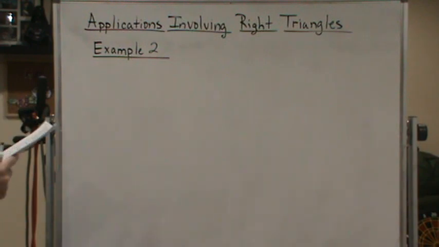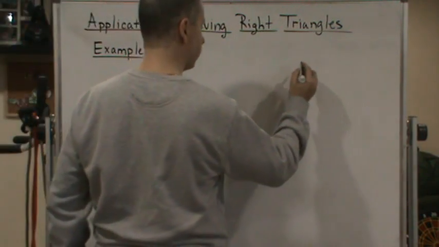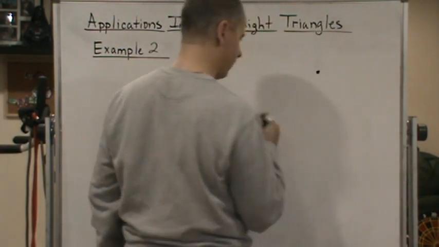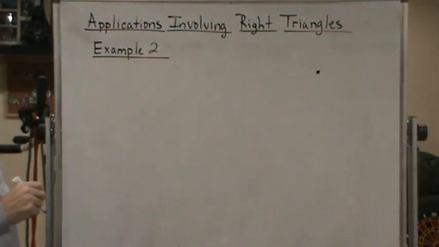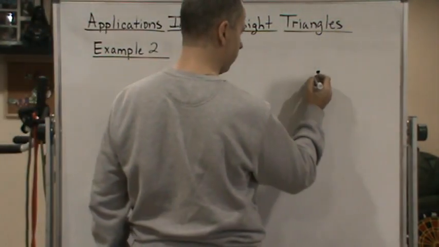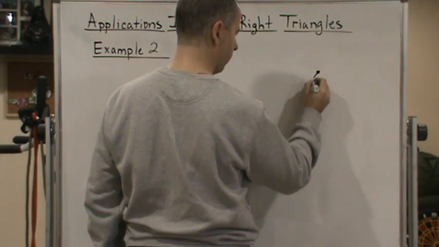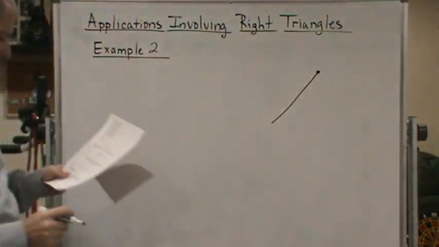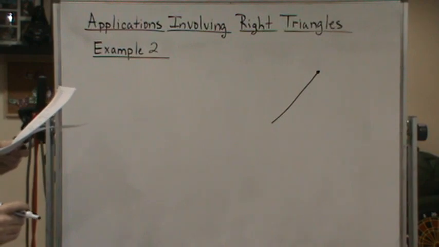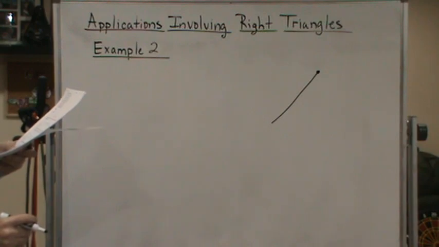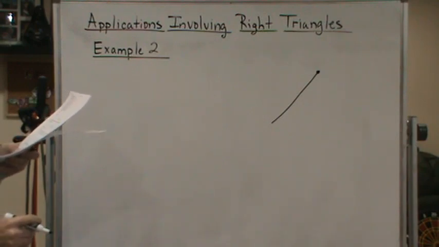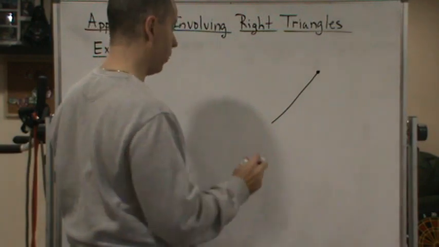Okay, so we've got a lighthouse, so let's draw this out. See if we can draw an accurate picture. So here's the lighthouse, right? And then we've got this path, and the path, a walkway to the lighthouse is 400 yards long, right?